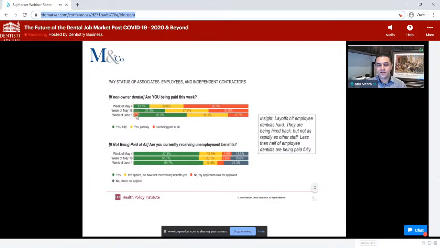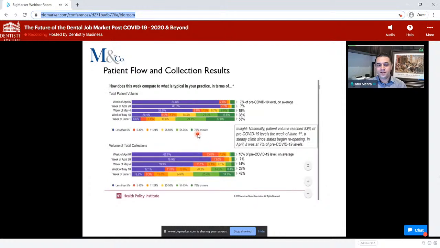But up to the first week of June, one month after opening, they still had 17.7% of the associates essentially not working, and 36.1% of them were still being partially paid. So there seemed to be a slower recovery for some of the associates. That's definitely something to monitor, and a trend that we're going to be talking about later on as well.